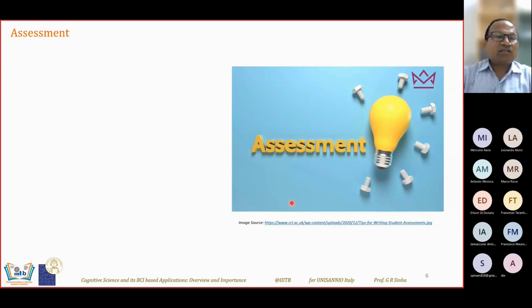And the next one is the assessment. Assessment is very important. But as you are all aware, you are not doing this as a compulsory 2, 3 or 4 credit course, so there won't be grading, but we will definitely do some kind of assignment. Maybe after 3 lectures, I will give you an assignment.